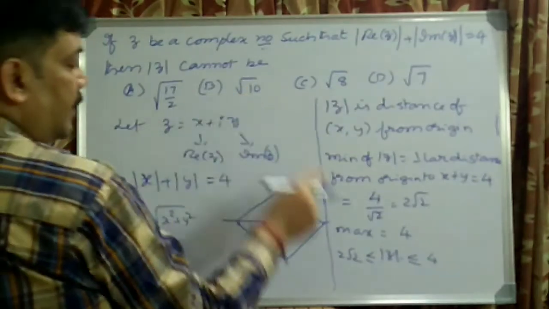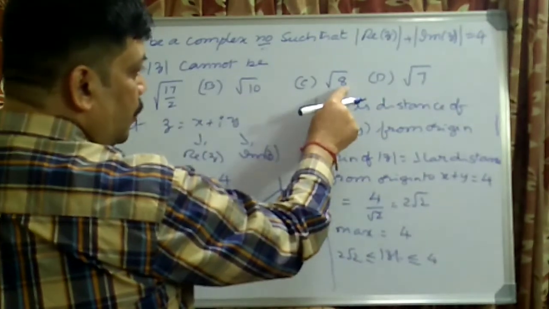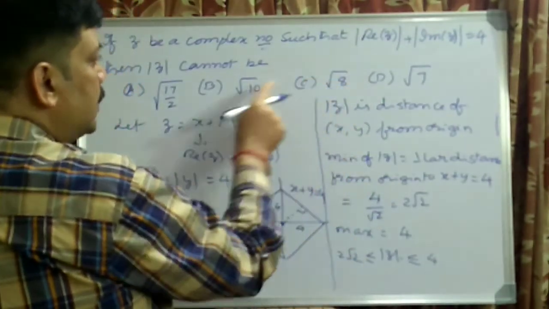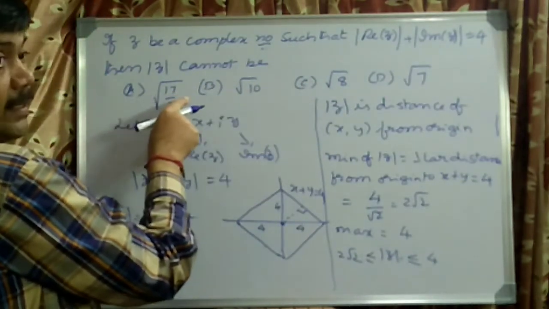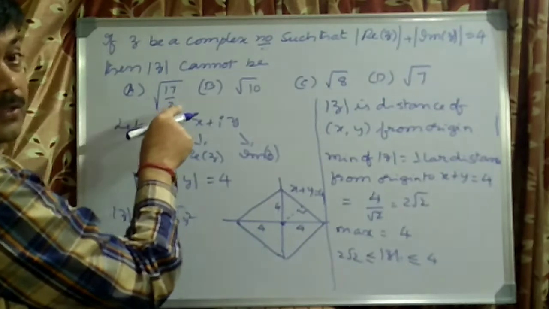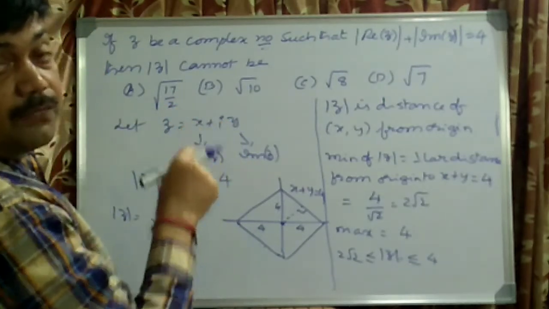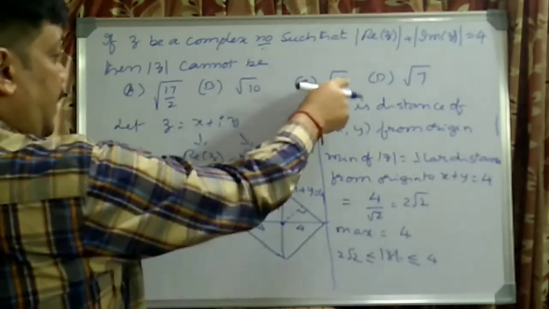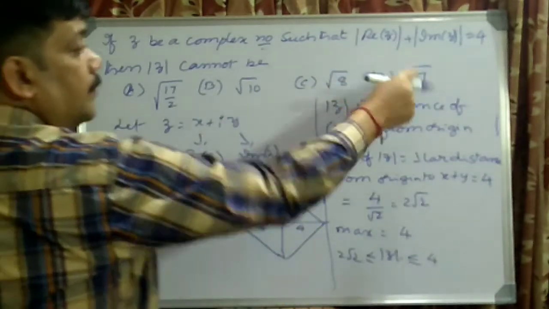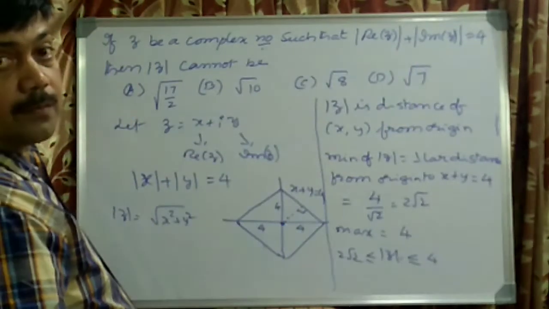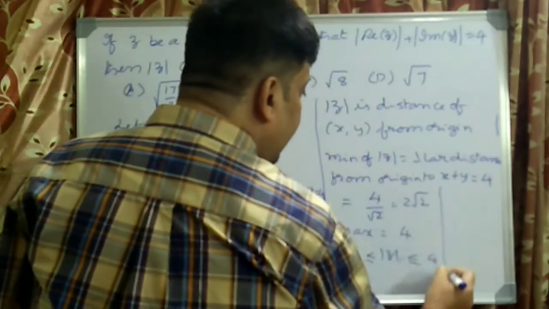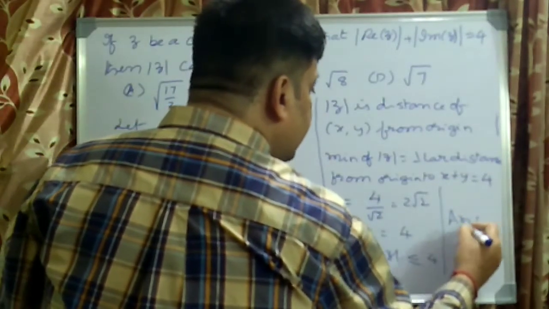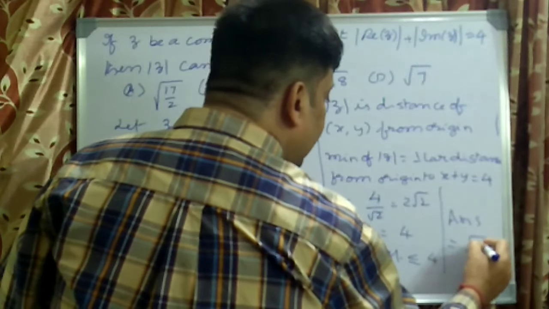This is very clearly 2 root 2, which is more than this. This is also more than this. You can say this is more than 8. Inside the root we have 17 by 2, which is greater than 8. So the only value which is not more than 2 root 2 is root 7. Therefore the answer is root 7.